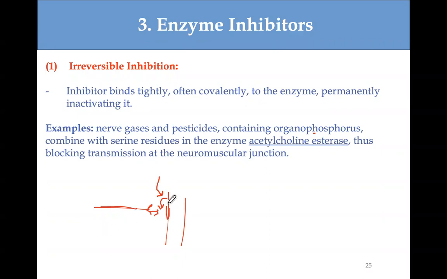So the receptors will first respond. However, after some period of time, because of the permanent and persistent activation, they will not respond anymore. So patients with intoxication will present with muscle weakness, tremors, and fasciculation.